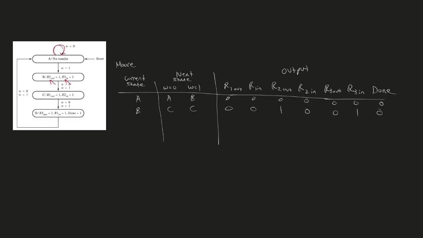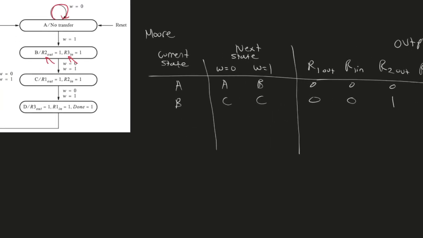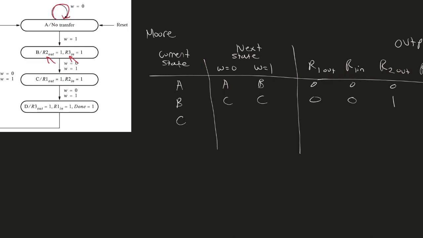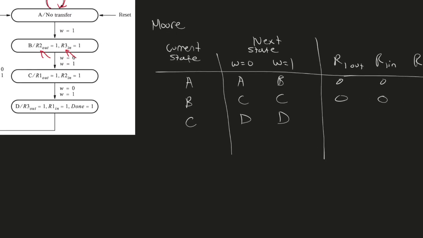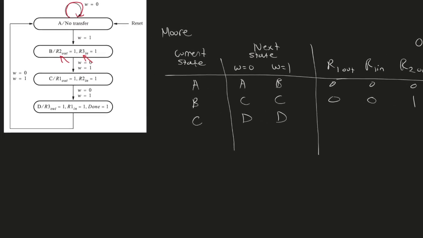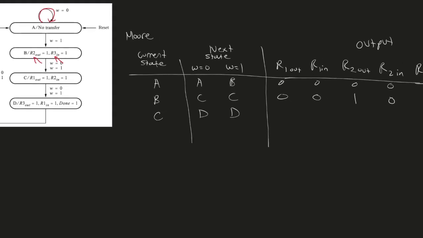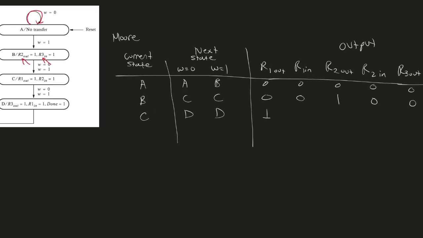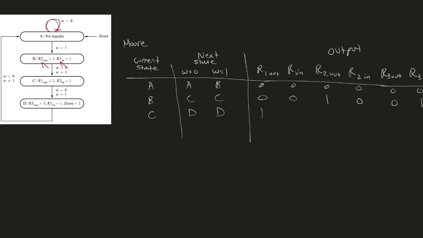Now we go to state C. When W equals 0 or W equals 1, we go to state D. And when we're at state C, R1 out and R2 in equal 1. So there's a 1 here for R1 out, and a 1 here for R2 in, and everything else is 0.